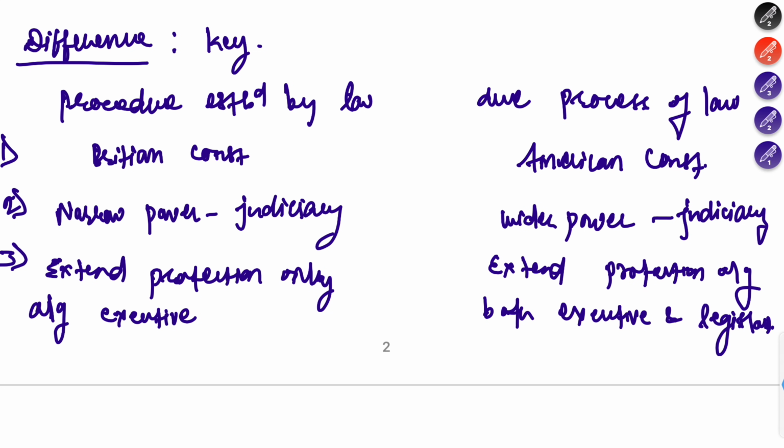So these are the key differences between procedure established by law and due process of law. Due process of law checks the fairness and justness of the law by natural justice.